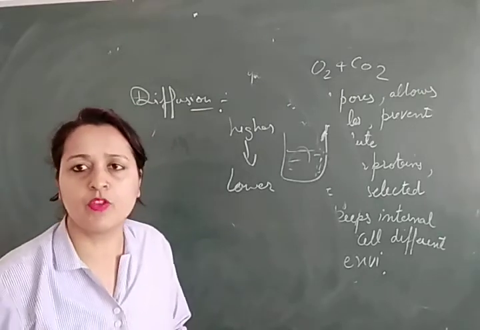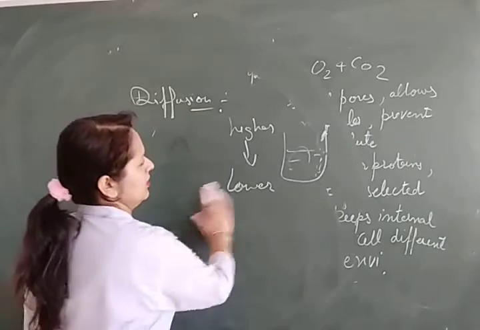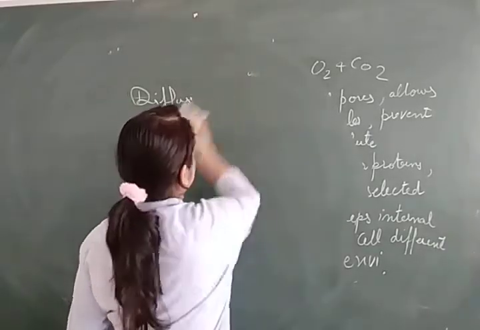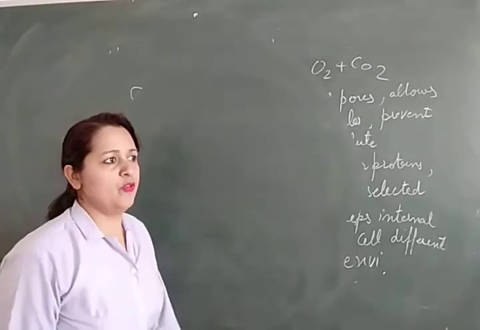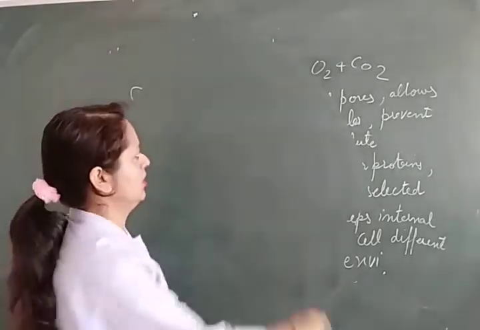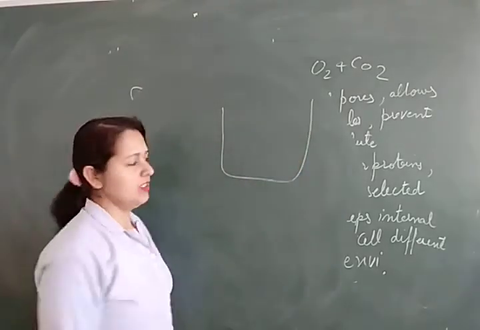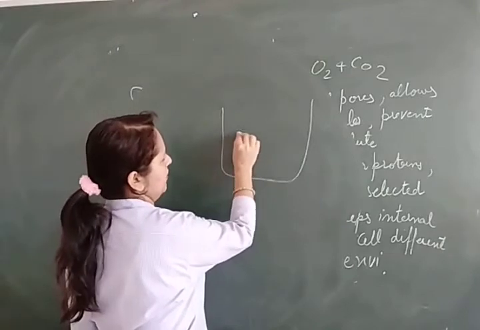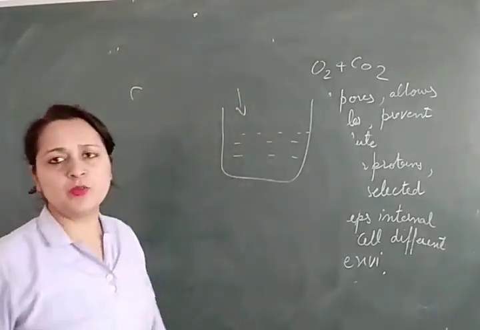The process of diffusion is not so difficult to understand, but osmosis is a little bit confusing. So let's focus on what osmosis is. But before understanding osmosis, let's see what concentration is. Again, take a beaker, fill it with water and put a spoon of salt in it.